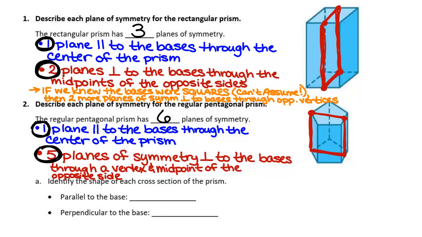We talked about cross sections right at the beginning. A cross section, again, is after I make that cut, I'm going to look at the cut side and see what shape is there. So looking at this pentagonal prism again, if I go parallel to the base, horizontally, and I cut right through the center of that cake, and I take the top off, and I look down at that freshly cut side, what shape would I see?